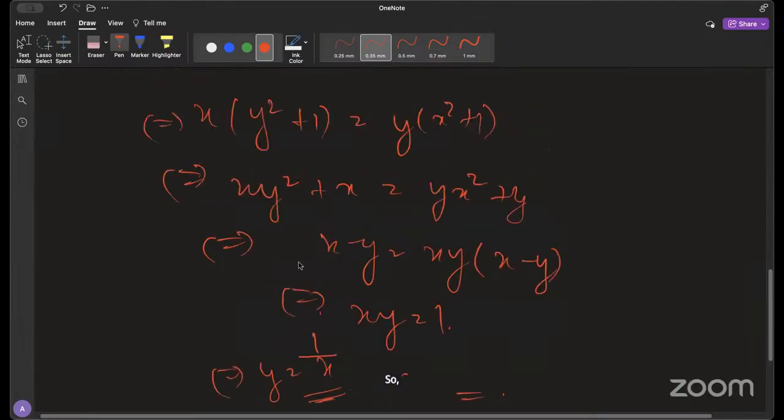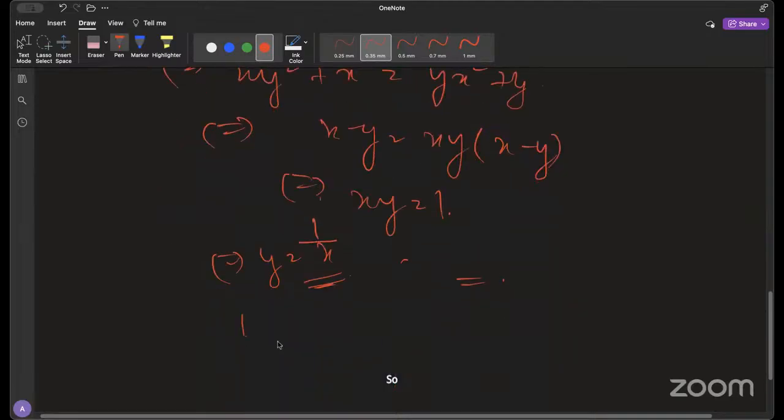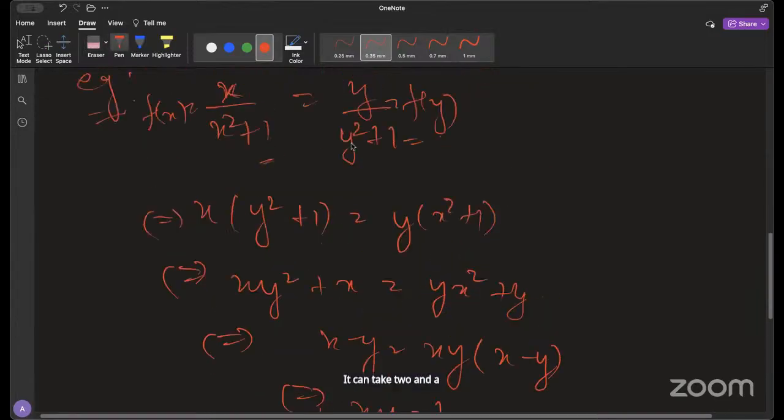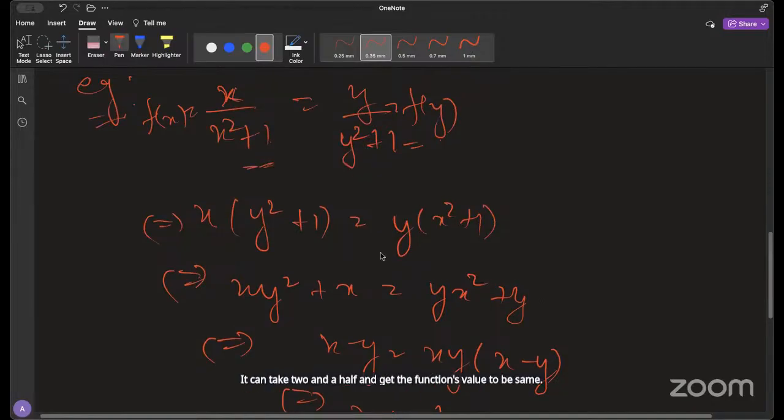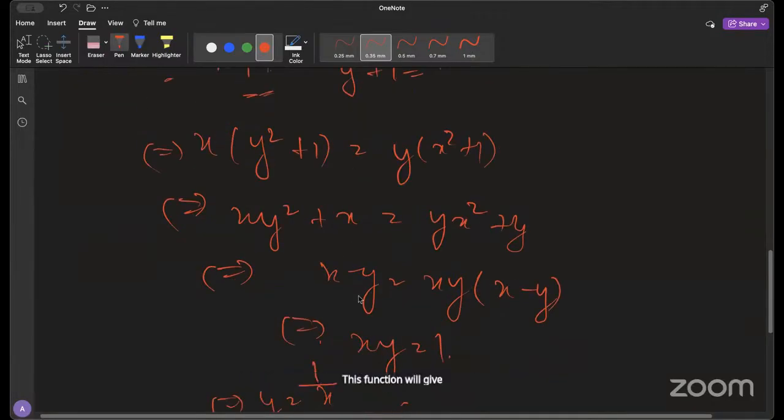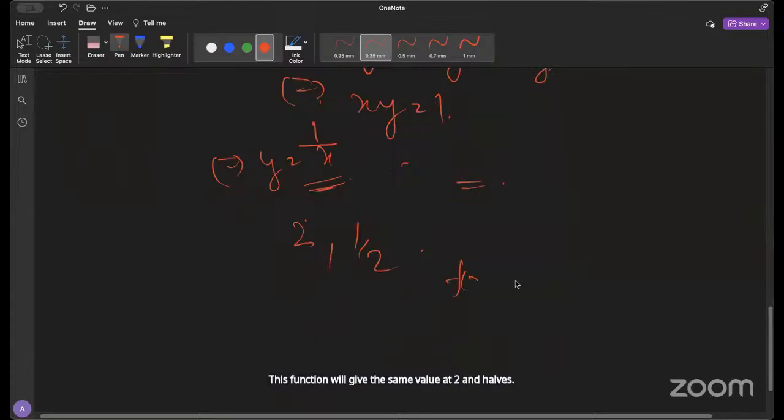If you take 1, you get 1, and the reciprocal of 1 is 1 as well. So let's take 2.5. If you take 2.5, the function gives the same value. So this is not a one-one function.